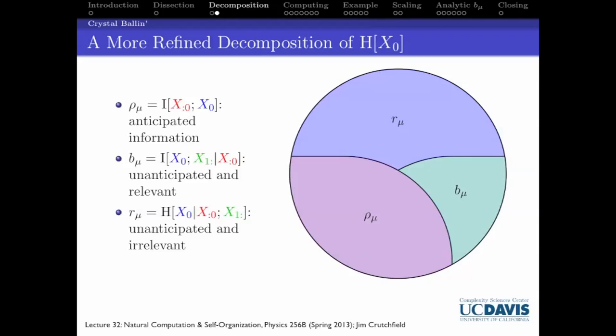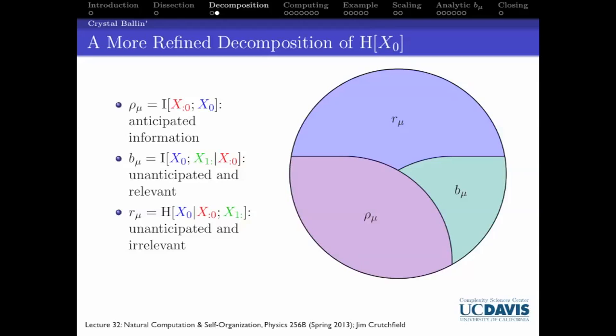So we have anticipated information, ephemeral information, and bound information. And on this diagram, we can think about a number of different processes. So for a periodic process, there's no entropy rate, so both of these two pieces are 0, and all our information is anticipated, which makes sense.